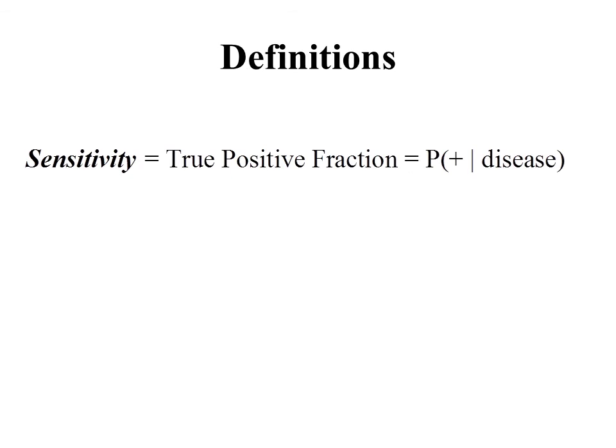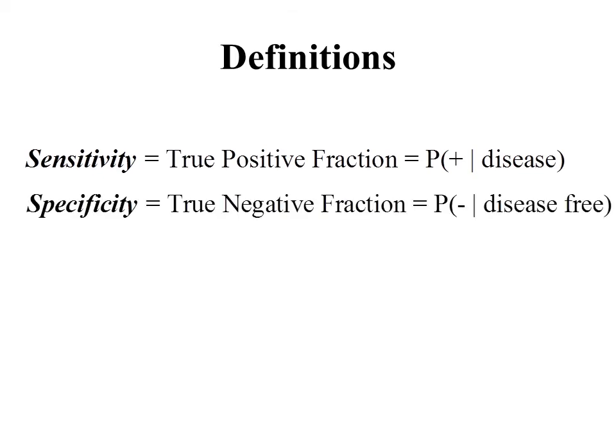Now, associated with these 4 different categories are some definitions. The first one is called sensitivity, described as the true positive fraction. In terms of conditional probabilities, it's the probability of testing positive given that a patient has the disease. Related to this is the specificity, which is also described as the true negative fraction.